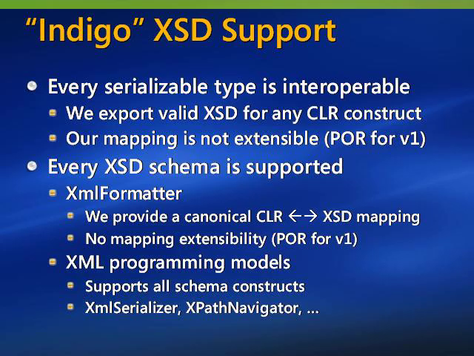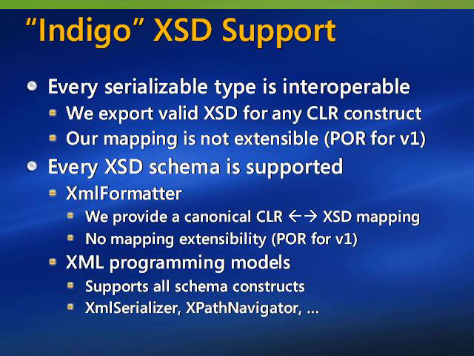We have a canonical mapping, much like the mapping that goes from CLR construct to XSD, and we also have a limited set of XSD constructs that we can map into CLR. We can take these XSD constructs and attempt to map them into the data contract or the serializable programming model, but quite frankly, a lot of them you just can't force into that model.